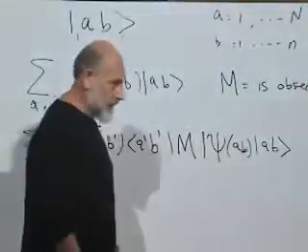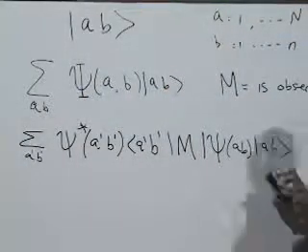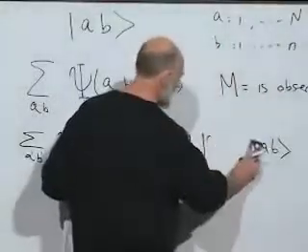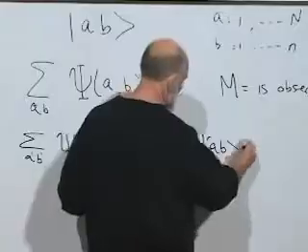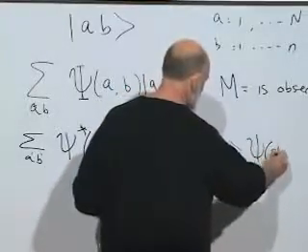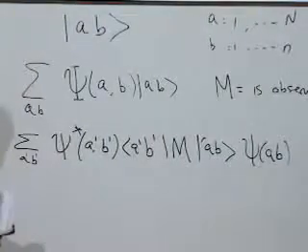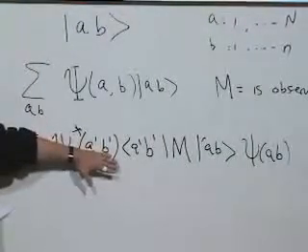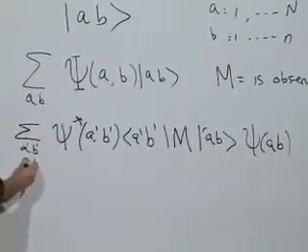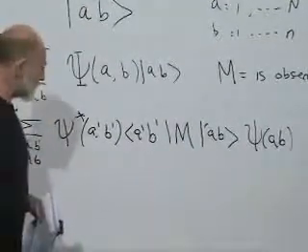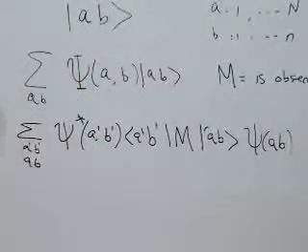Let's take the psi and stick it on the outside here. Now we separately have to sum over A prime and B prime to define the bra vector, and over A and B to define the ket vector. And that's the expectation value that we're interested in.